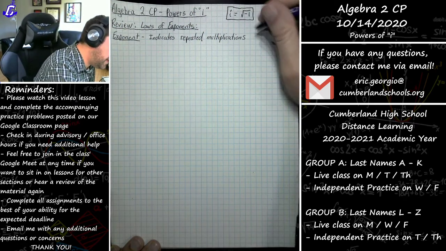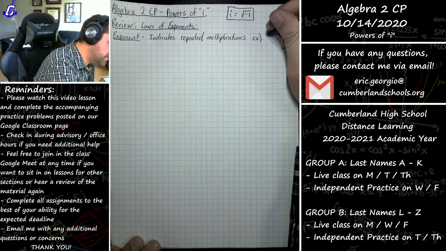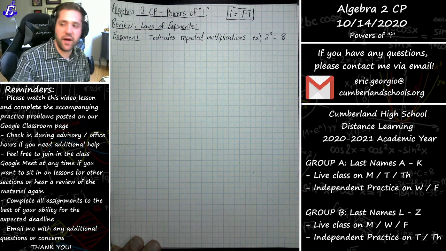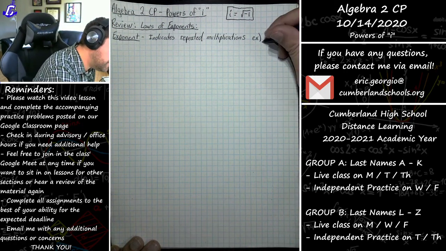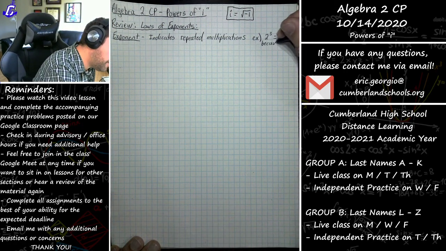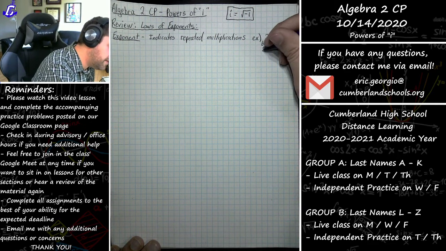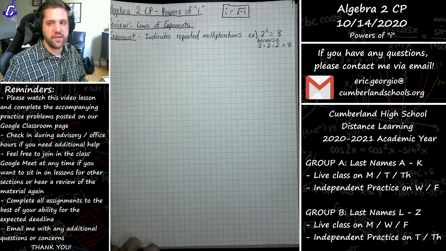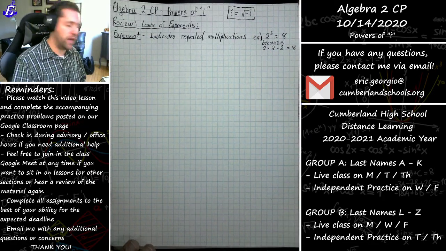A good example of that: we know that 2 to the third power is equal to 8, correct? Because 2 to the third means to take 2 and multiply it by itself 3 times, and 2 times 2 is 4, times another 2 is 8. That's really what an exponent is all about. I'm sure you knew that already.